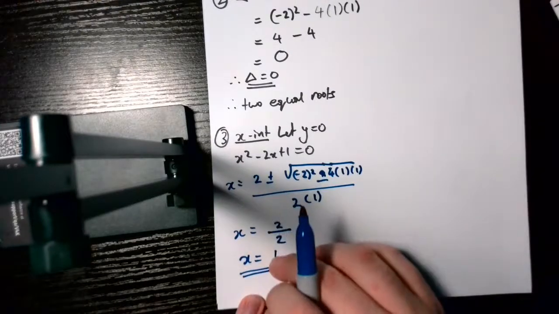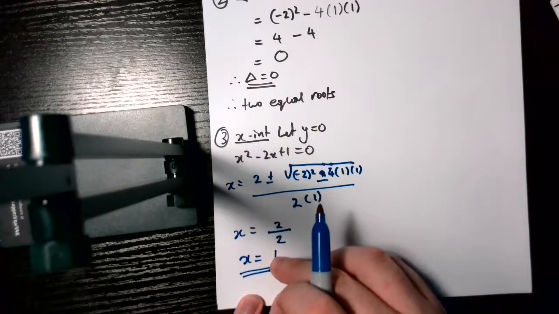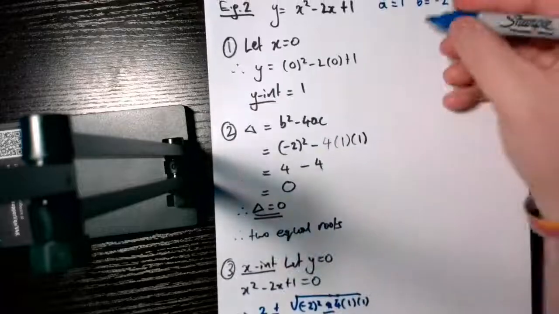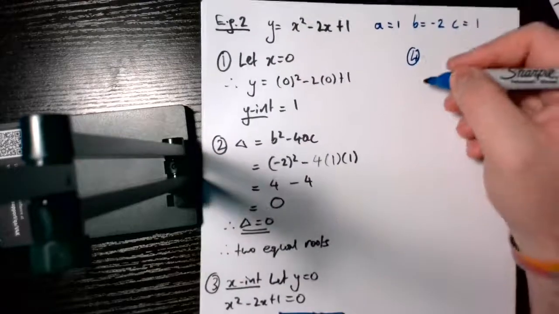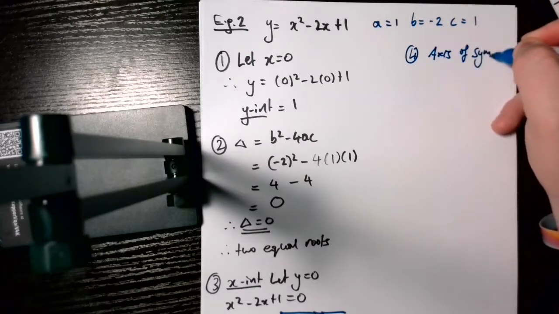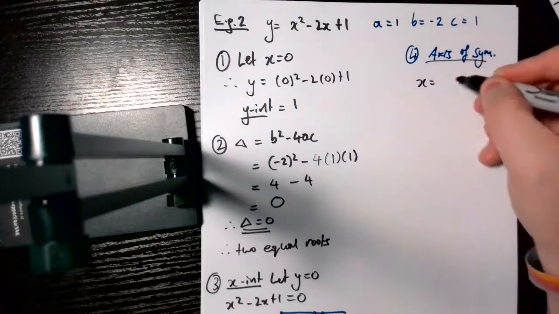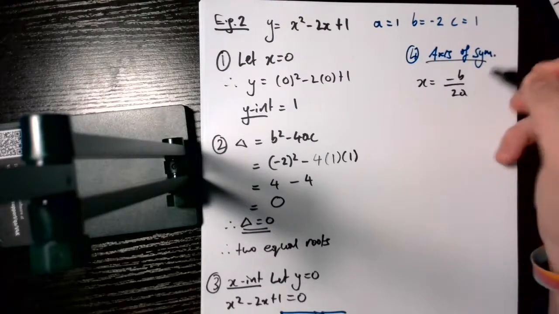Now, we know our axis of symmetry has to go through the value of x equals 1, but I'm going to show you the equation works like that anyway. So for step 4, we're going to find our axis of symmetry. I'm just going to shorthand that for a moment. Remember x equals minus b on 2a. I'm just going to show you that that works.